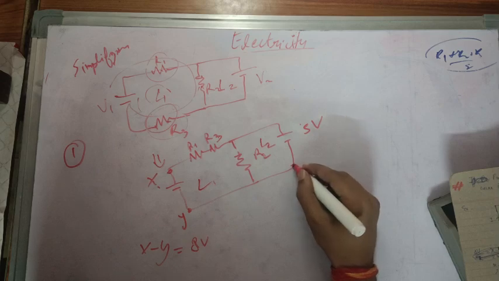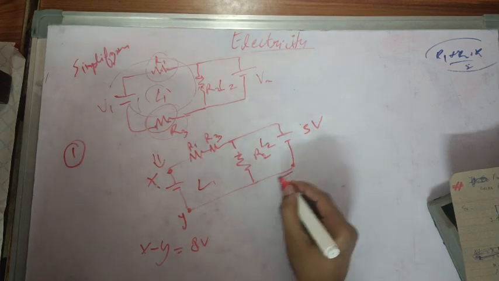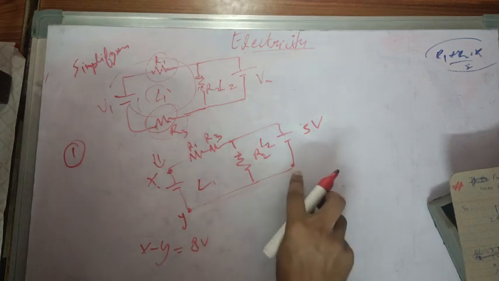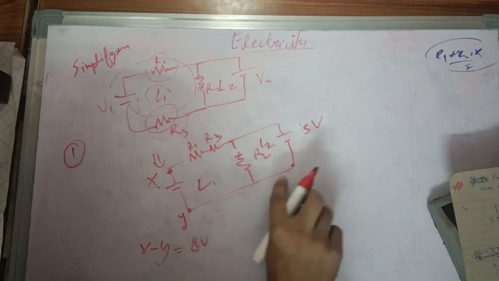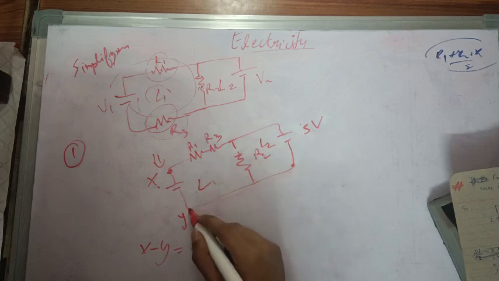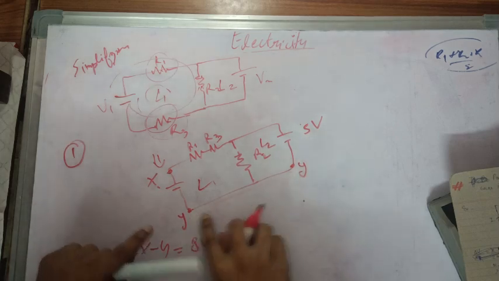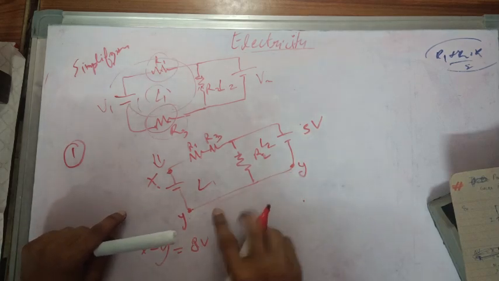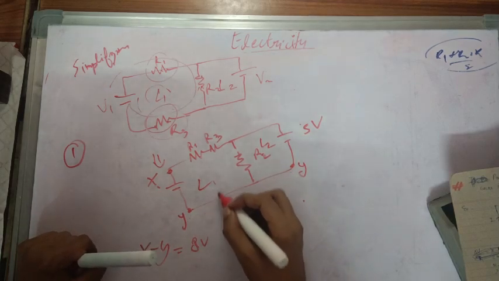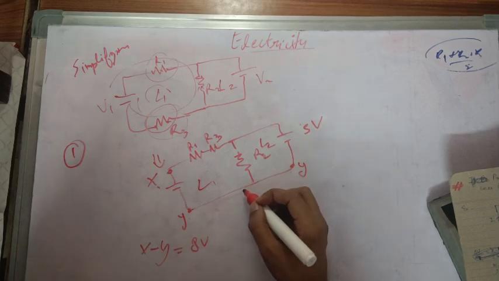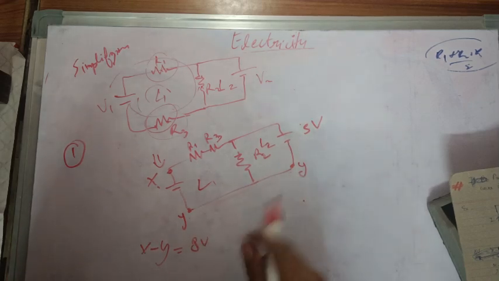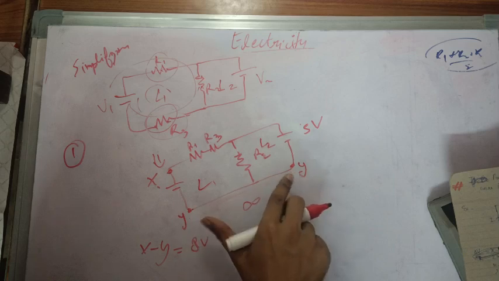Similarly here, since on this line there is no resistor, no component between them, the potential here should be equal to the potential here. Because if there is some potential difference between them, there should be some resistor also, otherwise there would be infinite current flowing between them if their potentials are not the same.